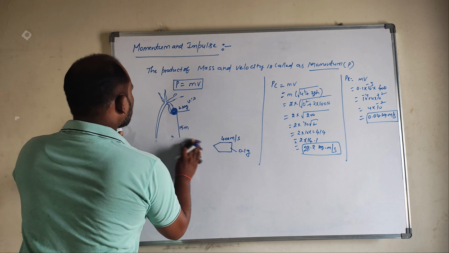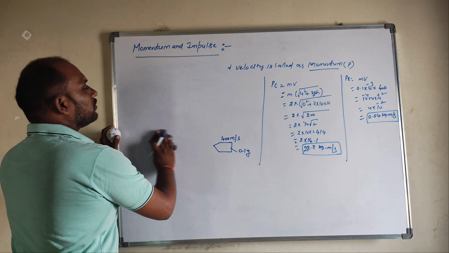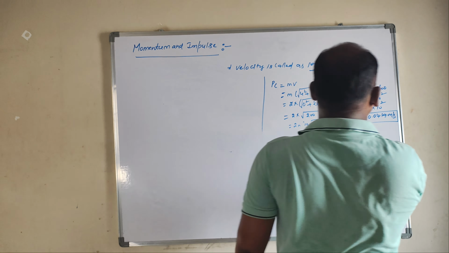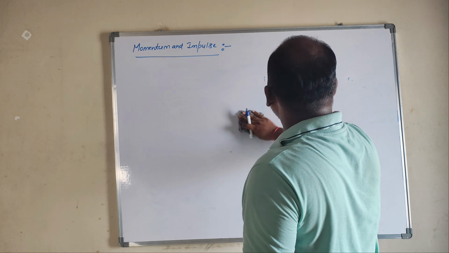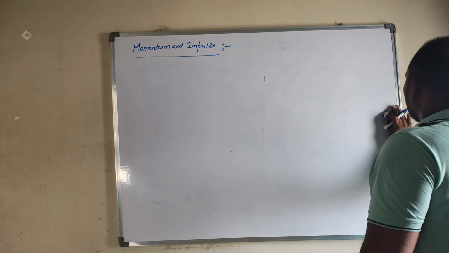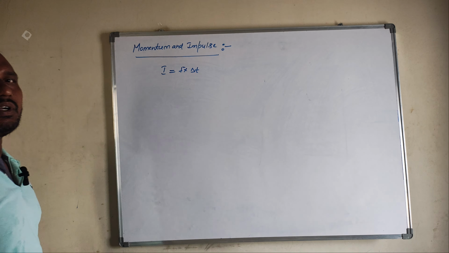So coming to impulse. What is the impulse here? What is meant by impulse? Let's say I want to find the impulse. Very simple. We know that impulse I is equal to F into delta t. So how do we get this equation?